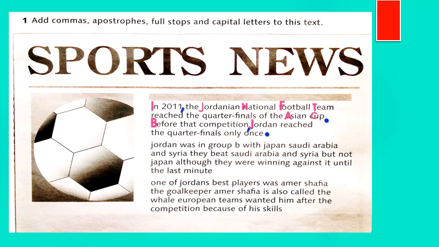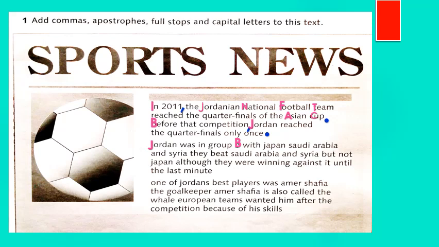Jordan was in Group B with Japan, Saudi Arabia, and Syria. So here we have a proper noun and it is the beginning of a sentence. So we put capital letter G. Jordan was in Group B. So B is a proper noun. Why? Because it is the name of a group. With. So here we have Japan, Saudi Arabia, and Syria, which are nationalities.